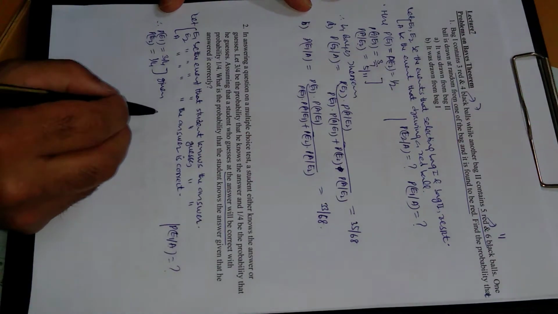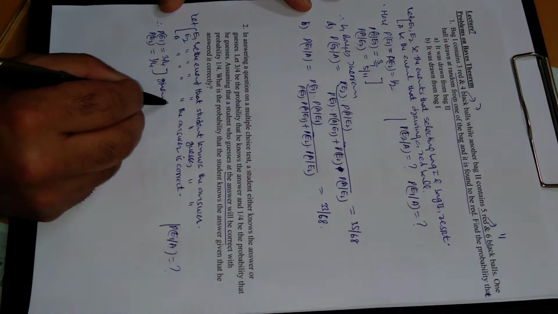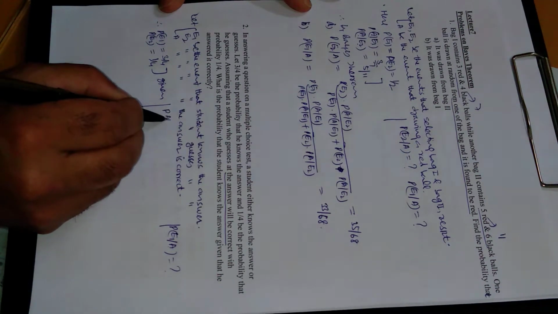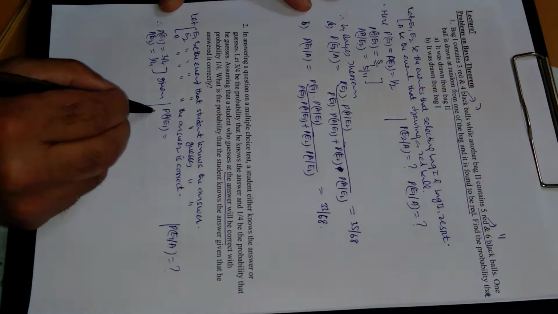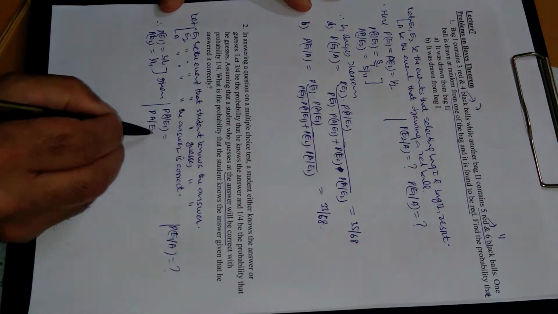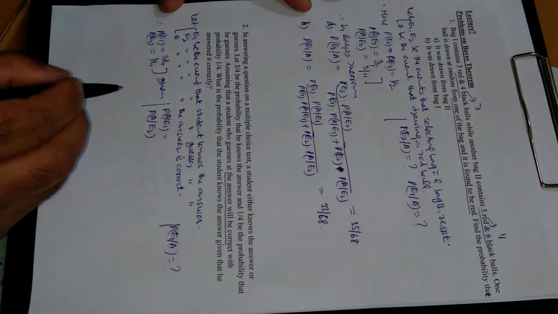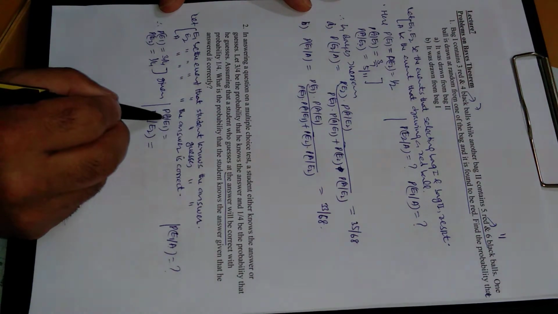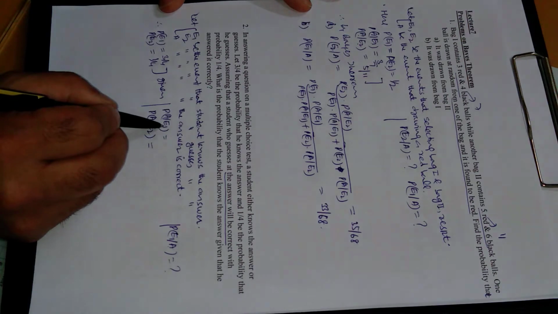So what do we need next? We need P of A slash E1 and P of A slash E2, meaning the probability of A when event E1 has already occurred and when E2 has already occurred. What does this mean? The answer is correct and he knows the answer.